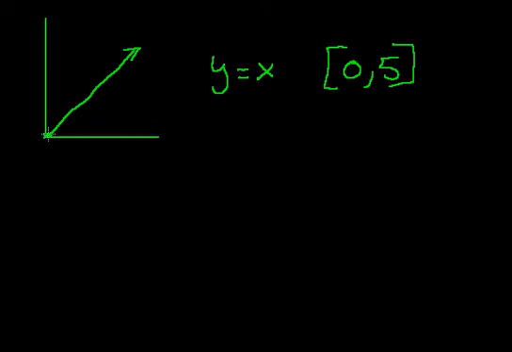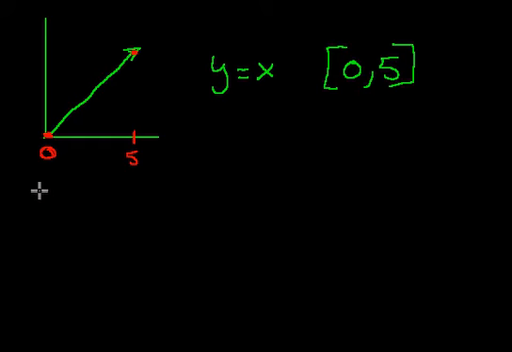And so in this function, we know that the lowest value is 0, and the highest value is 5. Say this is 5. This is 0. And that's pretty simple because it's a straight line.